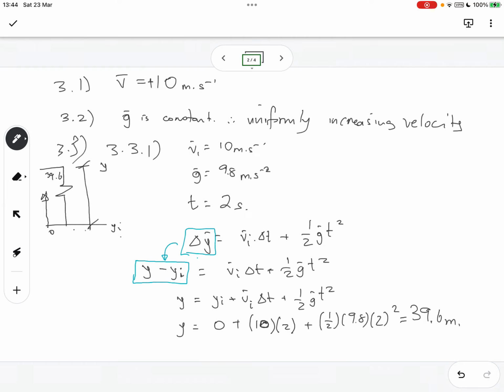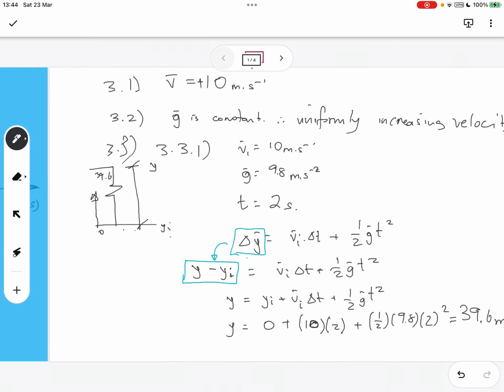And then y minus yi equals v times delta t plus half g t squared. And the delta y is simply y equals the first y plus vt plus half gt squared. Remember that one? Can you see it on page 2 of our Jamboard?